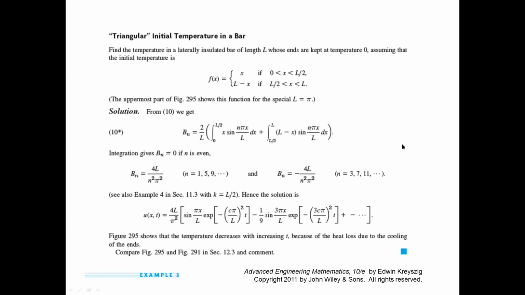Now we have a triangle shape of the initial condition. This is very similar to what we did for the string vibration problem.